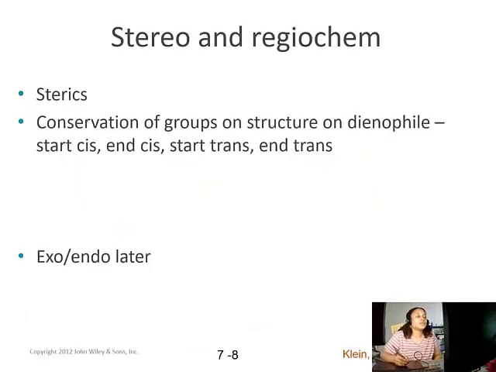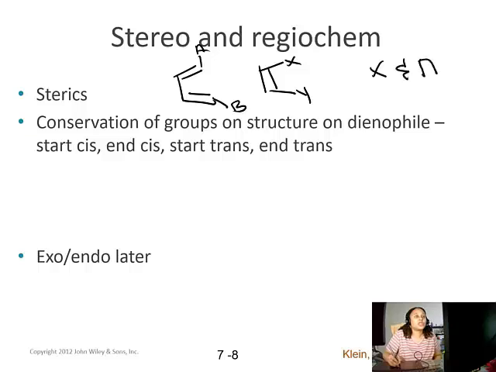Now, in terms of what's going on in our reaction, remember I drew this before where we had groups on our molecule just as A, B, C, D. If our diene and our dienophile have, let's say, X and A that are large and cause some steric interference, then when the molecule comes close like this, the only way the molecule would actually react is if it turns itself around.